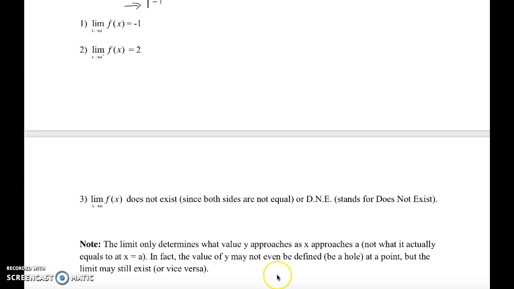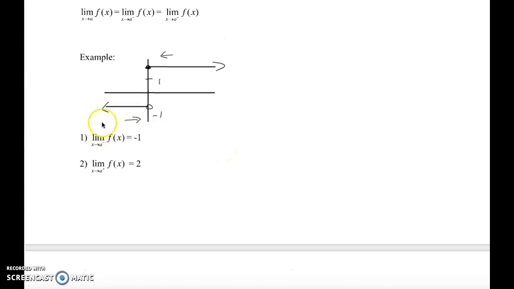The limit only determines the value of y as x approaches a number. X does not necessarily have to equal the value of a. If we look at the left-hand side here, approaching 0 from the left, we can see we have an open hole, which means that the value at 0 does not actually exist.